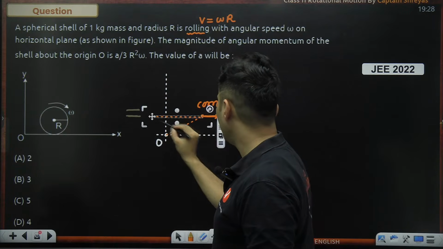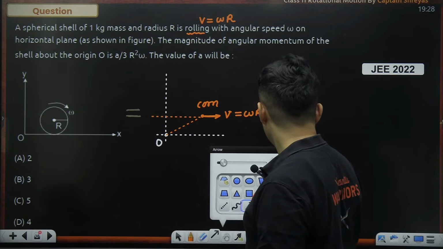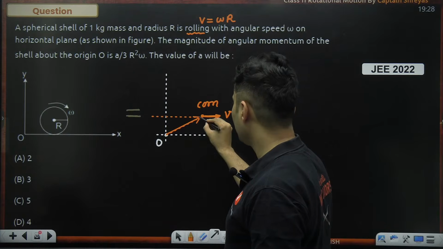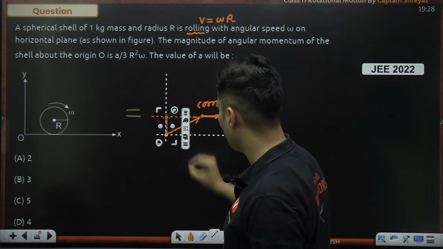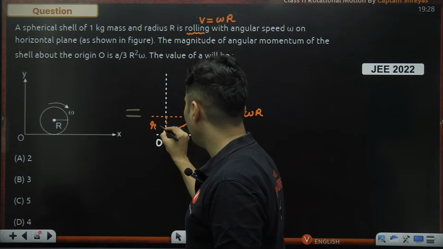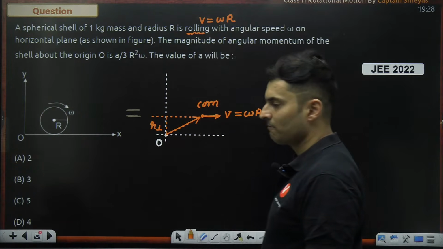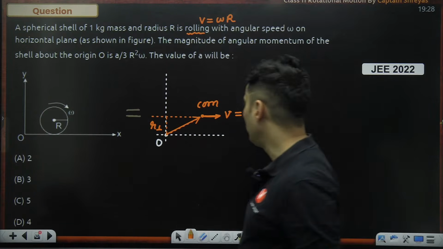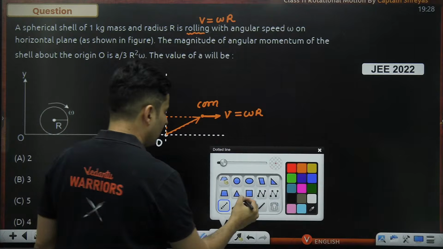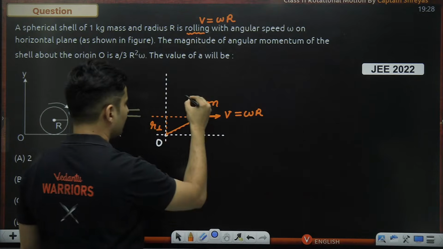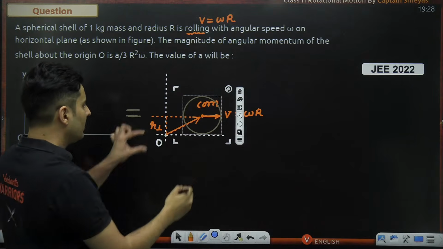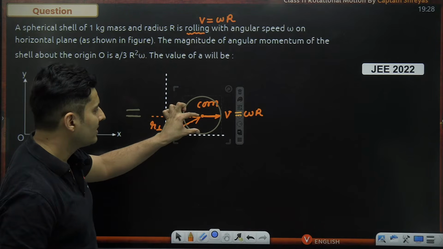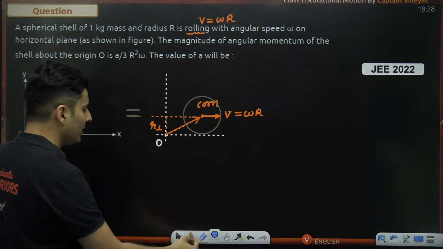If I take this as my line of velocity, I just drop a perpendicular over here, and this r perpendicular is what matters for measuring the angular momentum. Since this is a spherical body, this perpendicular distance is itself the radius of that spherical body.